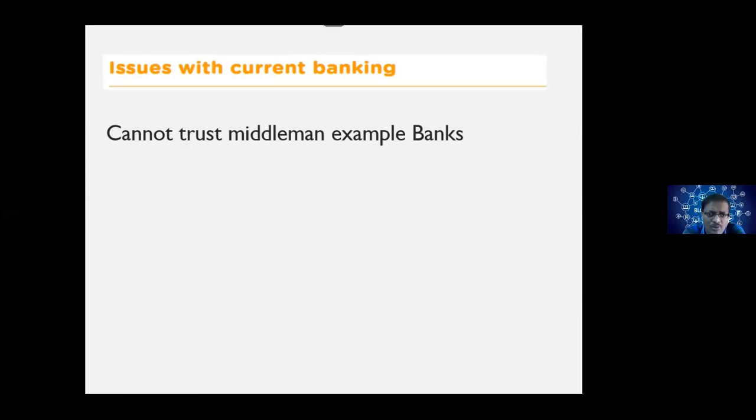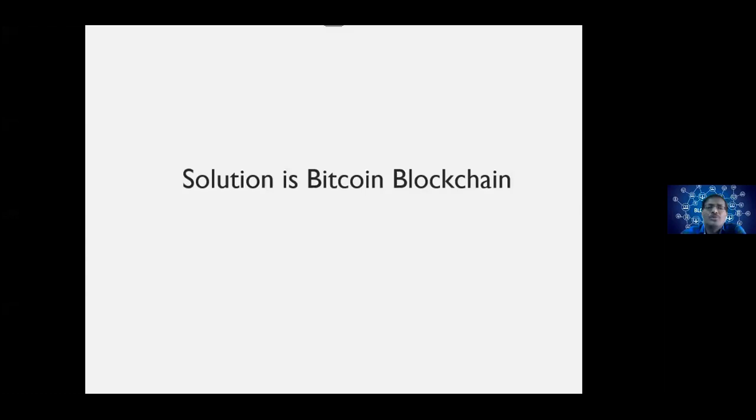Many banks got closed and they ran away with people's money. So in the year 2008, the developer of Bitcoin blockchain, Satoshi Nakamoto, released the white paper on Bitcoin blockchain. So we can say Bitcoin is an alternative to solve these issues. So the solution for all this is Bitcoin blockchain.